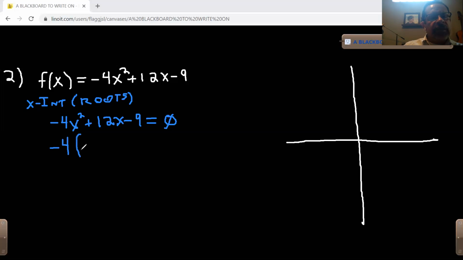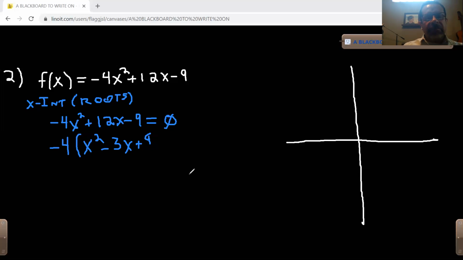This is going to give me minus 4 times x squared minus 3x, and I'm going to get a fraction here, plus 9 divided by 4.